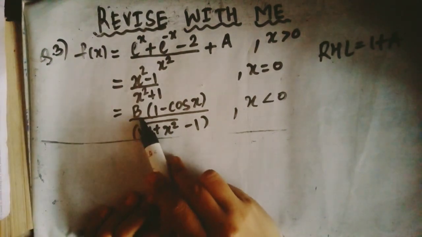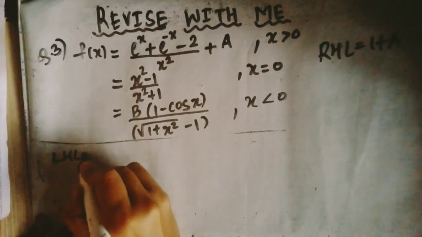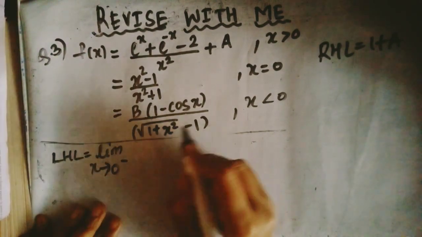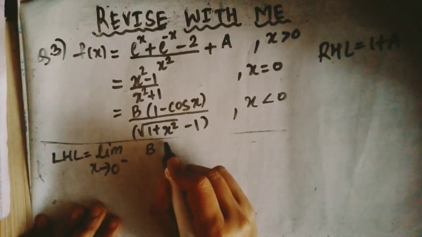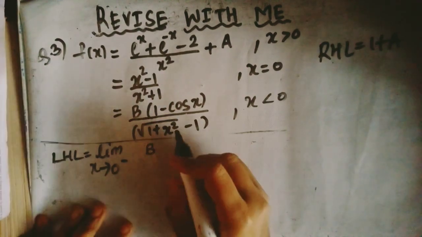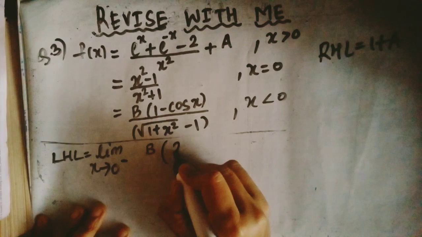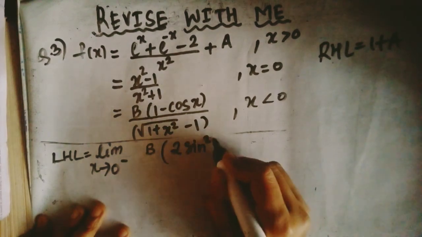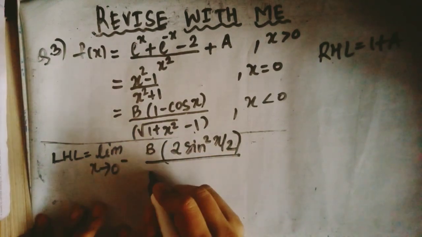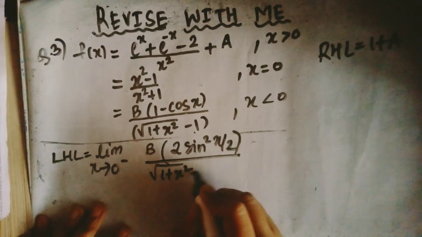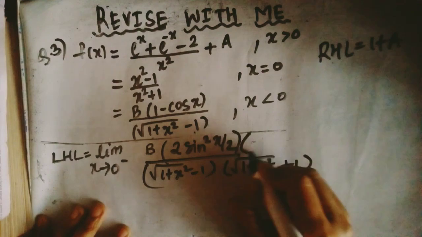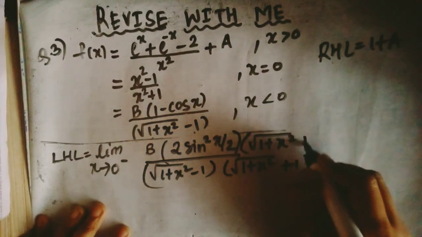Okay, LHL is this, so left hand limit as x tends to 0 minus. Now here, 1 minus cos x you can write, using the half angle formula, as 2 sin square x by 2, upon, for this you have to rationalize, so 1 plus x square minus 1, multiplied by 1 plus x square plus 1.